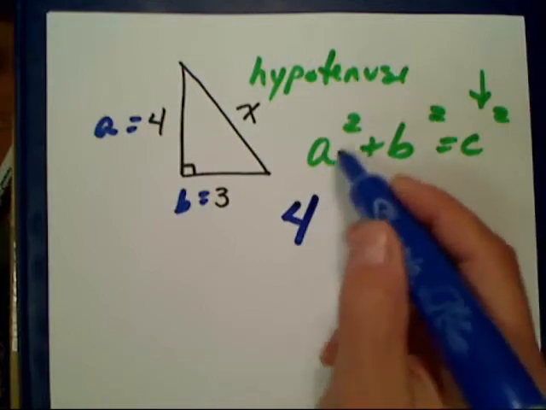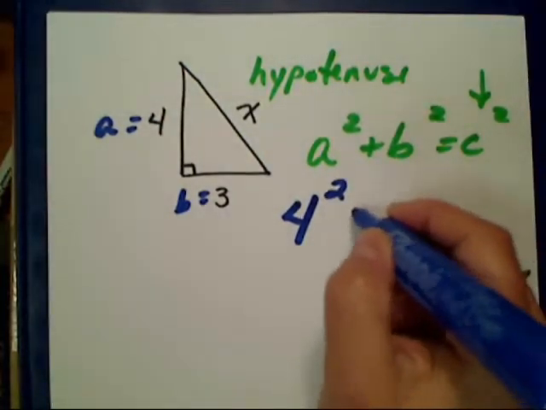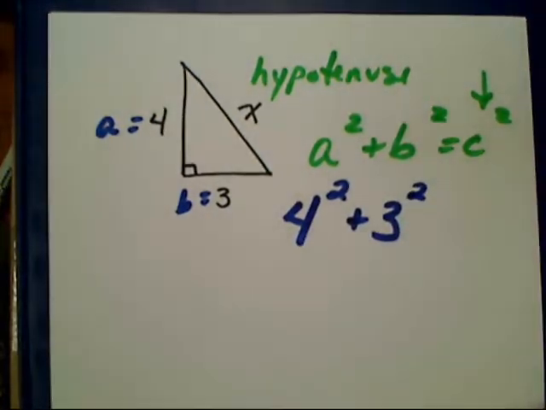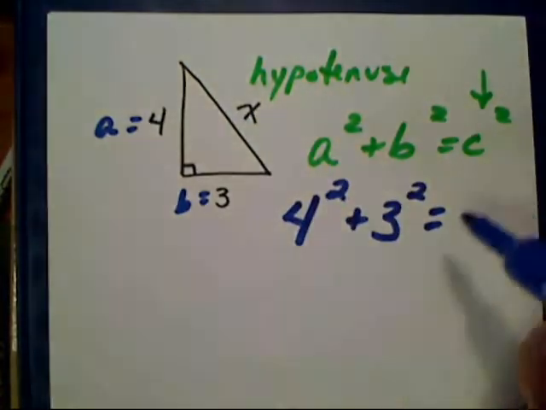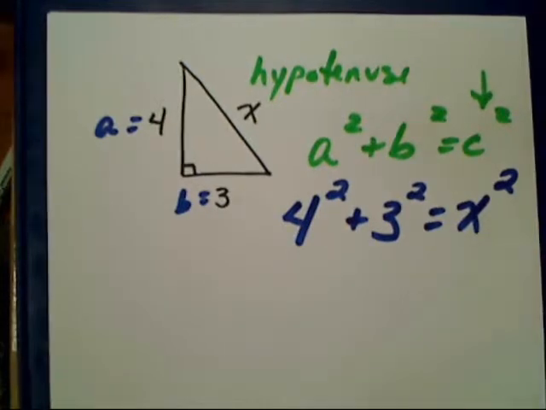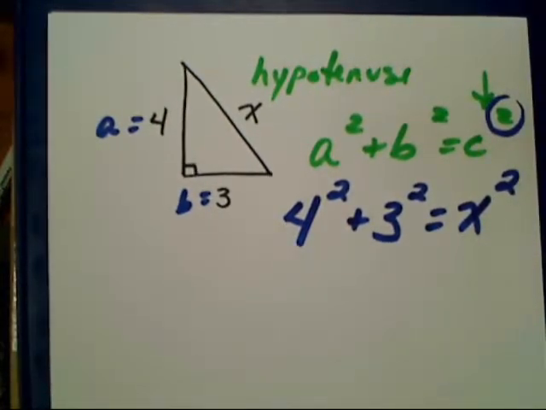Now the formula says to square that, so I have to put a square on that. Then we add, B is 3, and there's a square on that. And then that's going to be equal to, well, since I wrote an x over here, we'll replace the C with x. But that x, remember, is still squared. That's still part of the formula.